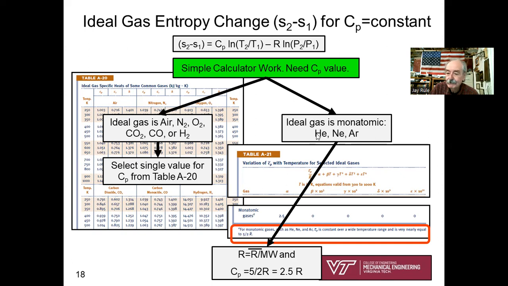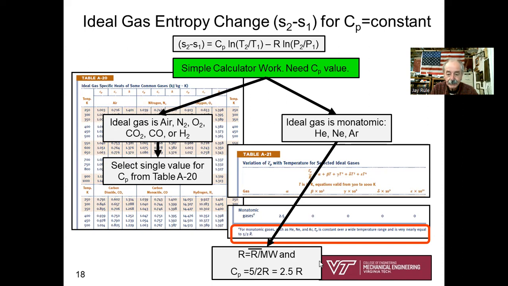For monatomic gases, which are helium, neon, and argon, you have to do some digging in table A21 to see that R is R bar over the molecular weight. And also you see that for these three monatomic gases, CP is simply 5/2 R, or in other words, 2.5 times R. That's the nature of a monatomic gas.